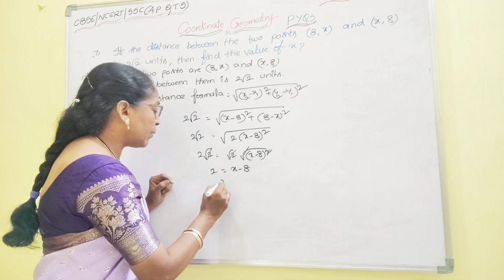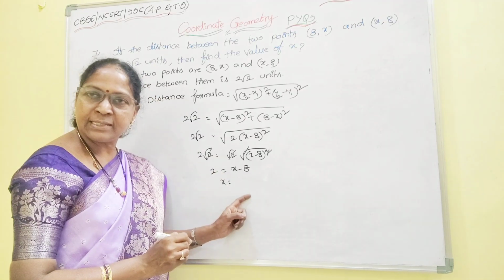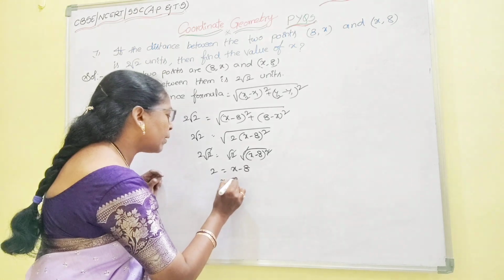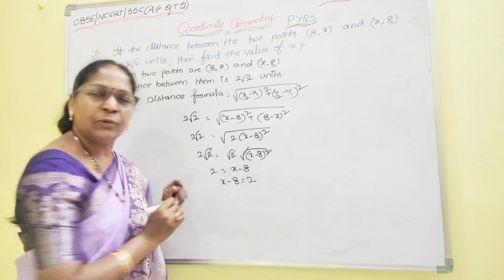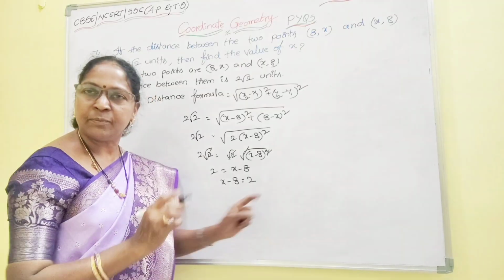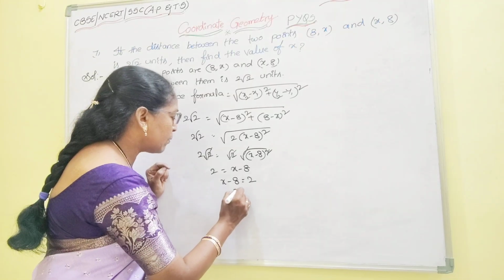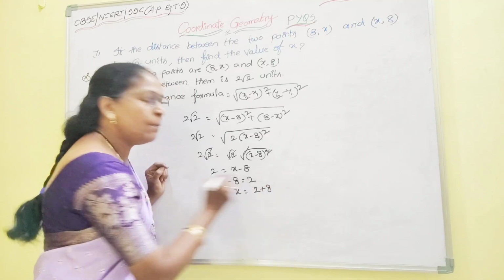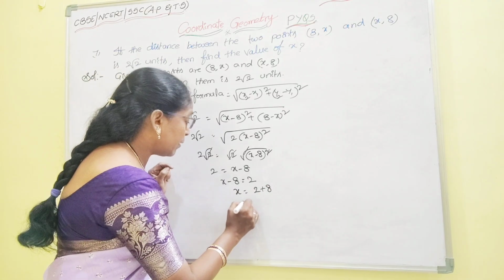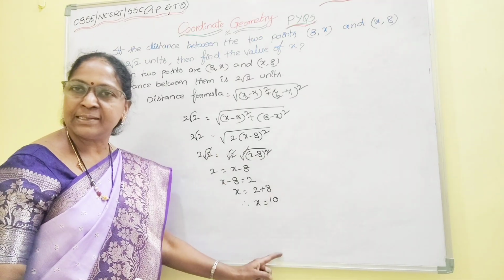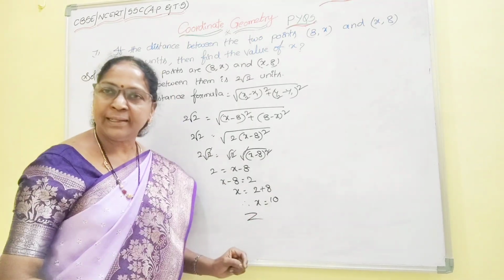On the right hand side, LHS equals RHS, so simply you can write x minus 8 equals 2. Don't confuse LHS equals RHS or RHS equals LHS, both are the same. So x equals 2 and minus 8 goes to the other side and becomes positive. Therefore, x value equals how much? 10. This is the answer. Is it clear?